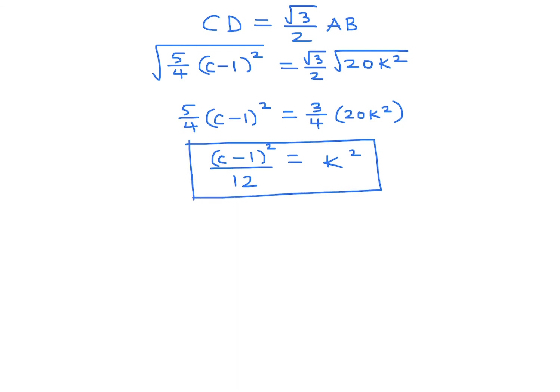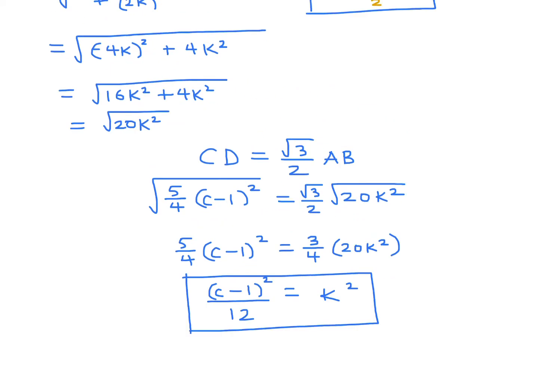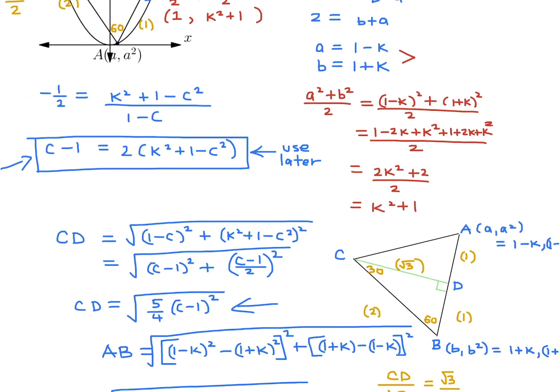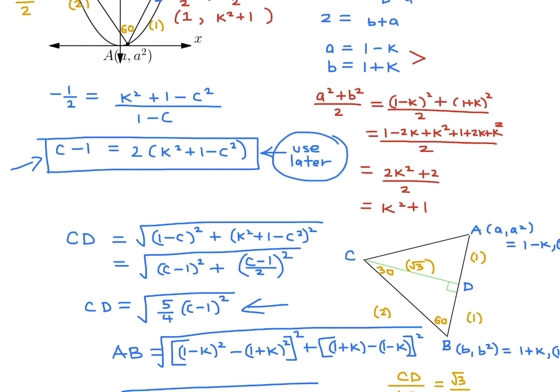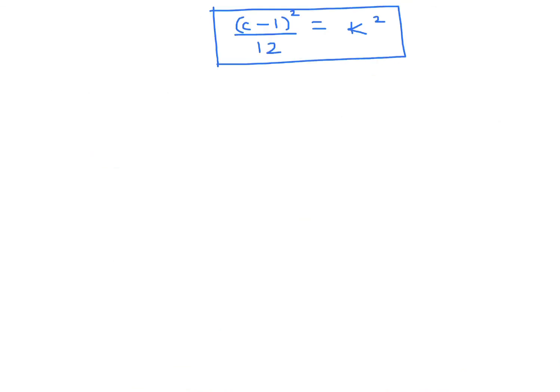So I've got this one, and then I had another one from before, right? I had another relationship right here. Use later. Okay, let's copy that down there. c minus 1 is equal to 2 times k squared plus 1 minus c squared. Okay? All right, we got two equations, two variables.